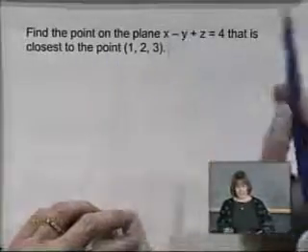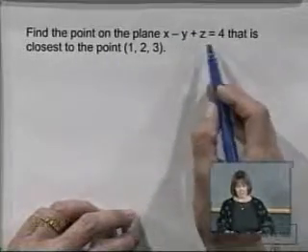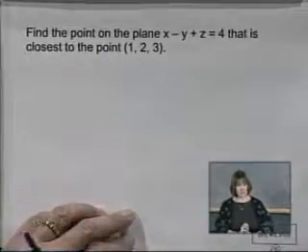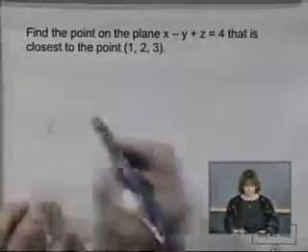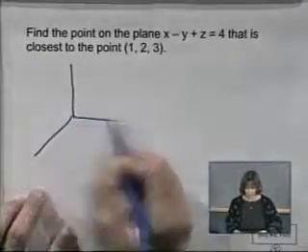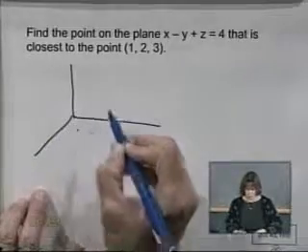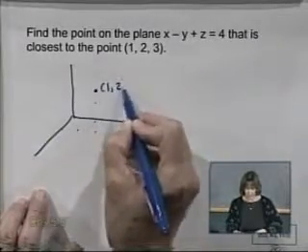Find the point on the plane x minus y plus z equals 4 that is closest to the point 1, 2, 3. Now the way we're going to do this problem, let me show you. You have the point 1, 2, 3 in space.